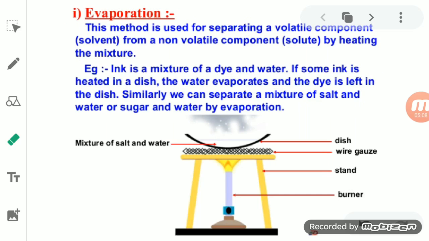The use of evaporation for separating a mixture is based on the fact that liquid vaporizes easily, while solid does not vaporize easily. So when you give heat, one substance vaporizes easily and the other does not. For this we use the technique of evaporation.